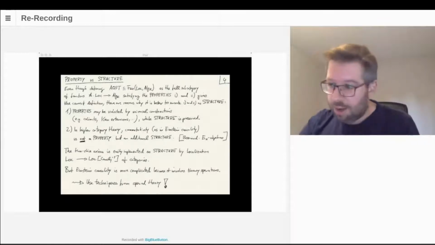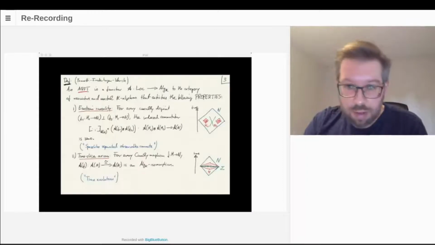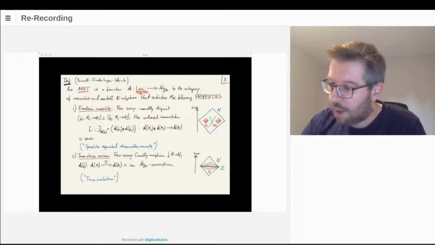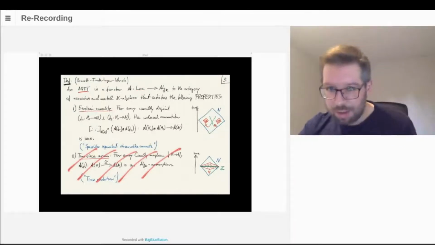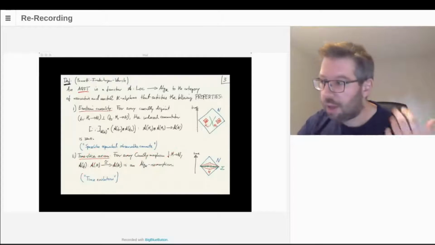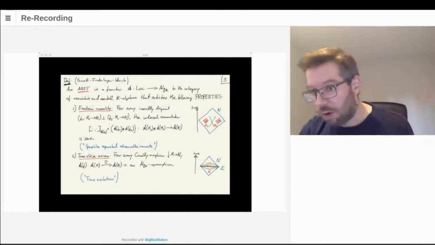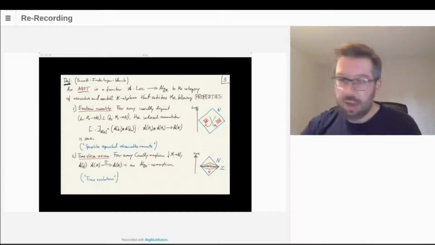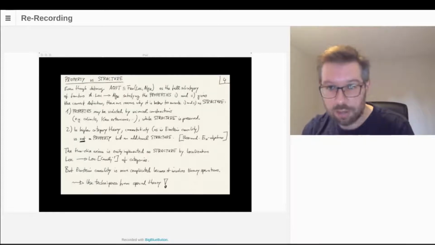So if you do that, and if you go back and replace Loc in the previous definition by the localized category, you don't have to demand the time slice axiom anymore. Why? Because the time slice axiom is hard-coded by the fact that you are working in the localized category where every Cauchy morphism is invertible. So this is an easy trick to implement the time slice axiom as structure.